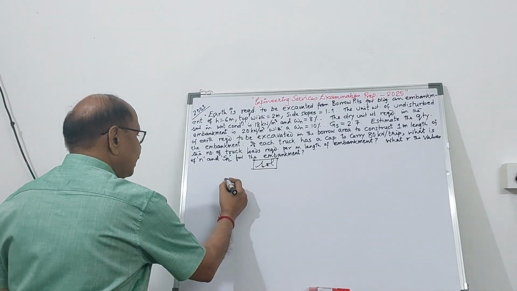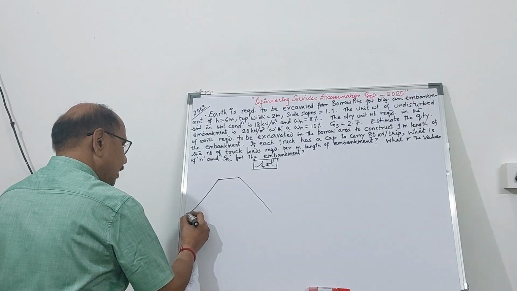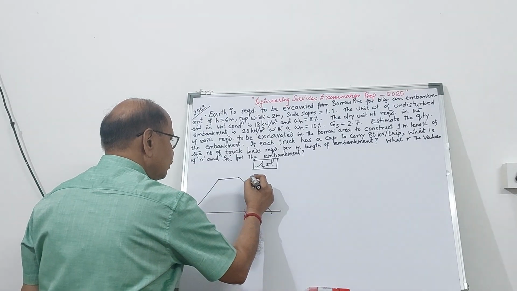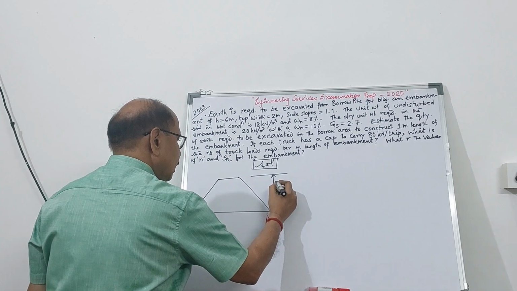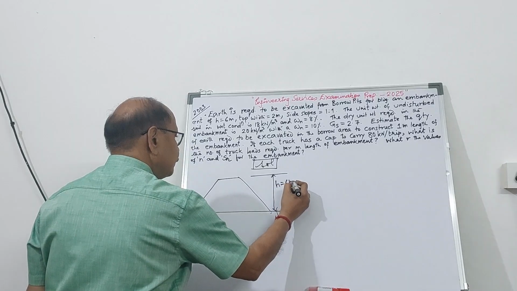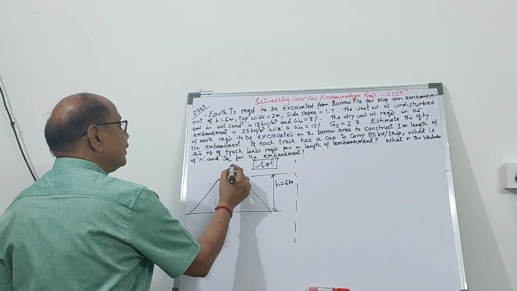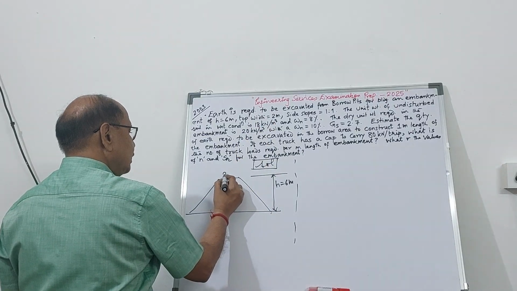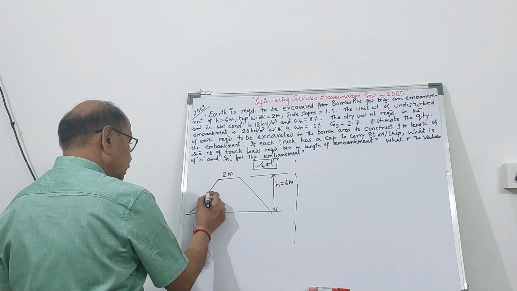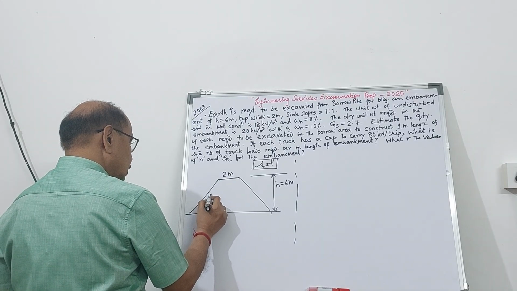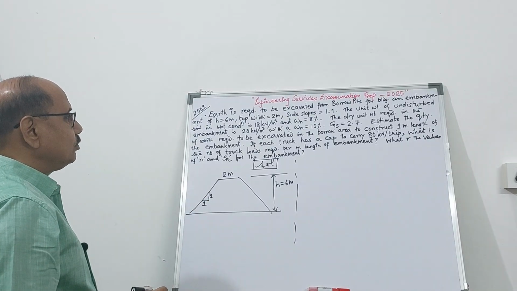so earth is required to be constructed for an embankment. The height of the embankment is given to you as 6 meter, and the top width 2 meter, and the side slope is 1 vertical, 1 horizontal, 1 is to 1.